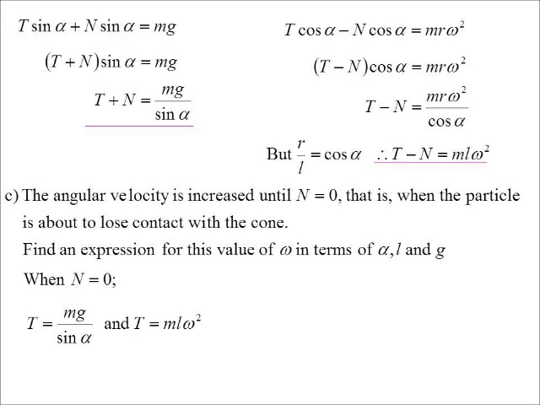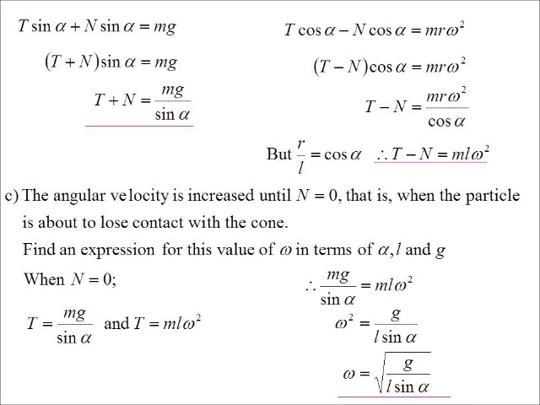Well, it's the same tension, so now I can eliminate tension out of this. So mg on sine alpha will be ml omega squared. Let's see, they said in terms of alpha, length of the string and gravity. Yeah, I just got to make omega the subject.